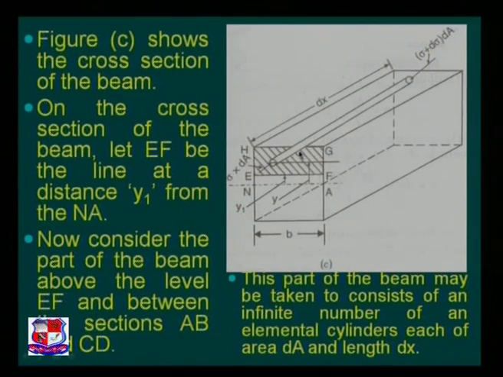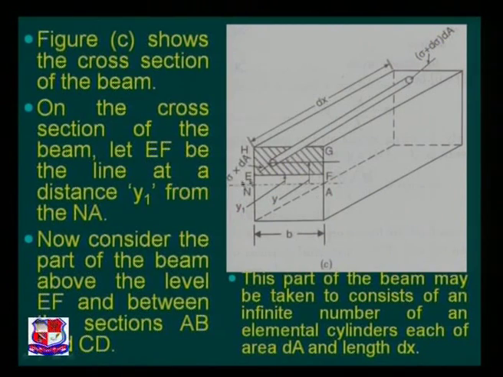This part of the beam may be considered to consist of an infinite number of elemental cylinders on this area. So, refer to the figure clearly. We have to consider the elemental cylinders, each of area dA and length dx. So this is the elemental small cylinder which has an area dA and the length dx.